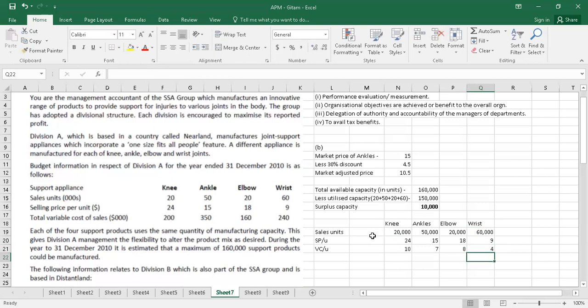We can also find out the contribution margin per unit. Contribution per unit is equal to 24 minus 10. Now this is the quantitative information we have.